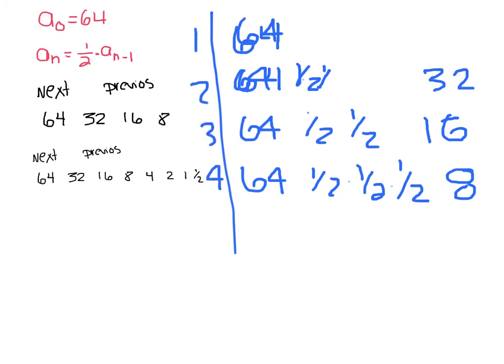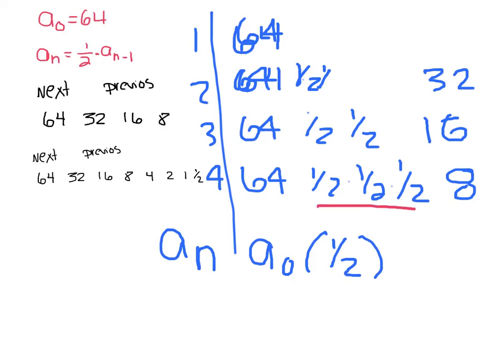To get my nth term, I have to take my first term, times it by a half, but since I need 3 1/2's to get the fourth term and 2 1/2's to get the third term, this has to be to the n minus 1 power. Or let's say I wanted to get the sixth term: 1, 2, 3, 4, 5, 6.